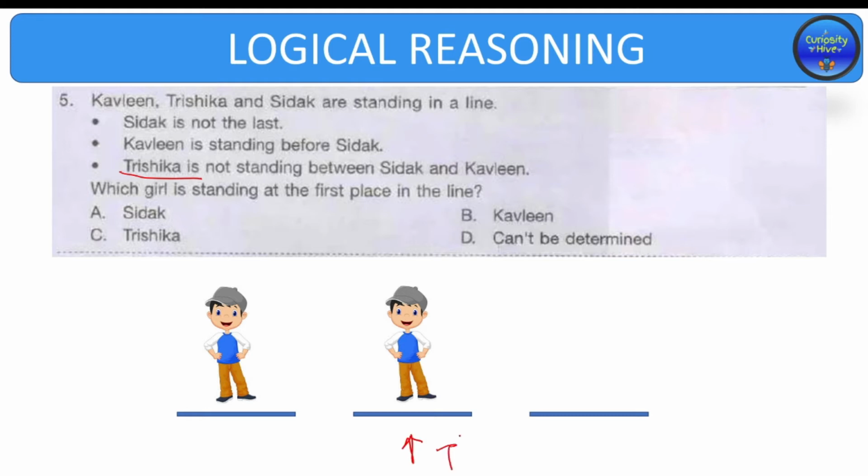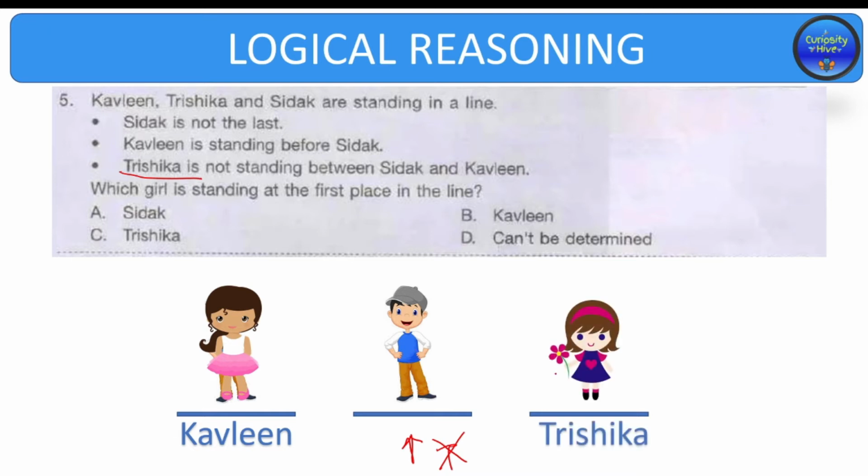That means Trishika is not standing here. Now let's go to the second line which says Kavleen is standing before Siddhak. That means the only position where Kavleen can be standing would be here because this means that she is standing before Siddhak. And finally, Trishika is standing at the end. So the girl standing at the first place of the line is Kavleen, which is option B.